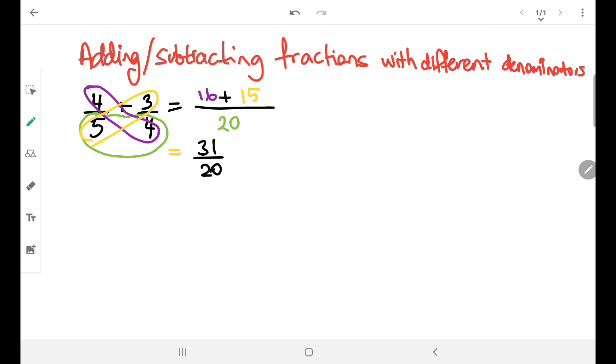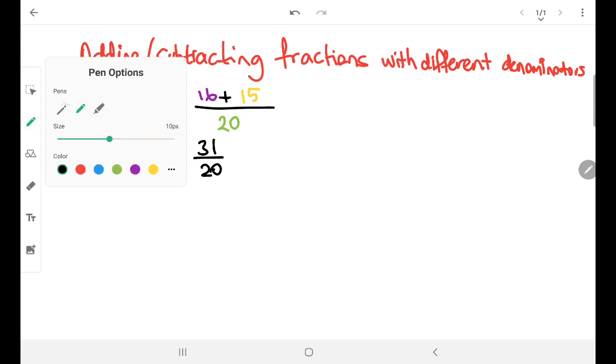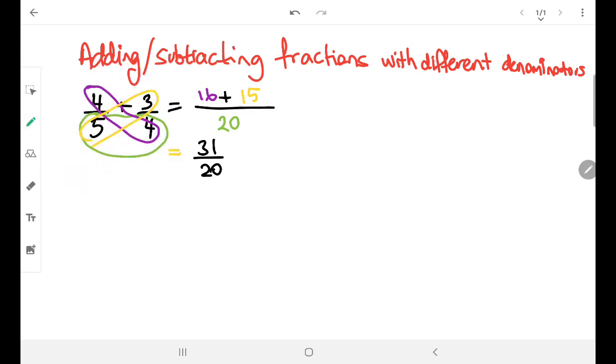But let's use the same example, and we're going to use a different method of explaining how to add this, and then we're going to get the same answer. So let's have a look at that. So if I write this question, 4 over 5 plus 3 over 4. Normally, you would need to find the common denominator in this.